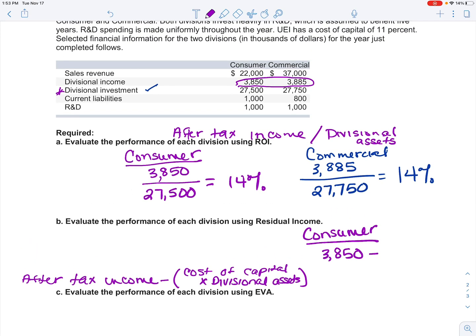In the problem they tell me my cost of capital is 11%. So I'm going to take that 27,500 and multiply by 11%. I'm going to subtract all of that out and I should get 825 as my residual income.